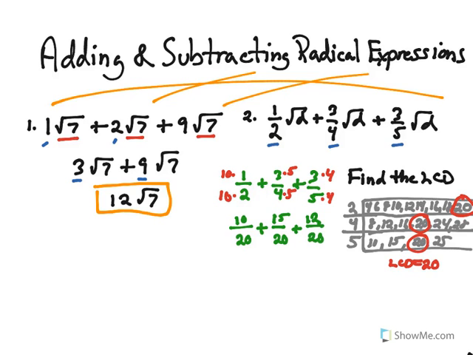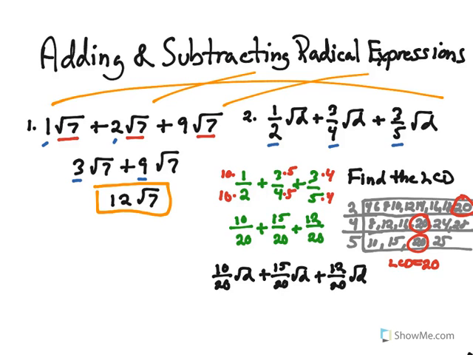So what this problem now becomes is 10 over 20 square root of d plus 15 over 20 square root of d plus 12 over 20 square root of d.